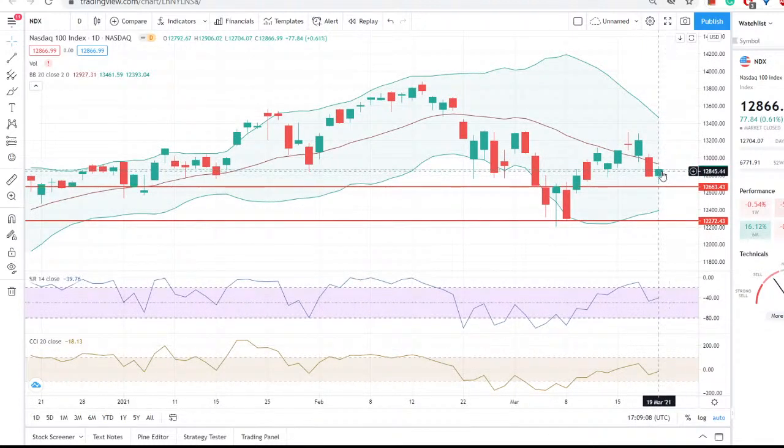So if you see for NDX, since Friday it reached 12,898, which is almost touching the mid Bollinger Band. So you could expect it to open at around 12,900 and then start dropping down.